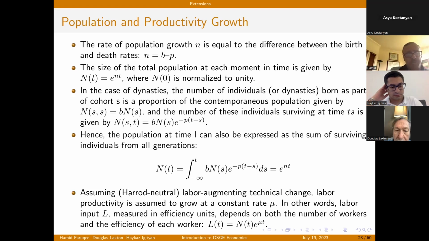And then you'll have to do some scaling in terms of efficiency units of labor related to the growth of the population and the rate of productivity growth, mu. And that's what that last bullet point is referring to in terms of the case of long-term population and productivity growth. Next slide, please.